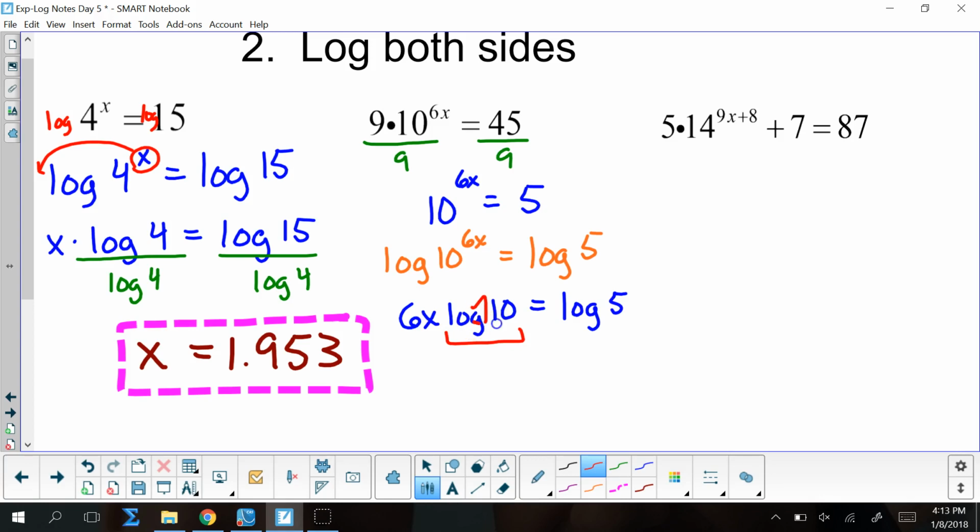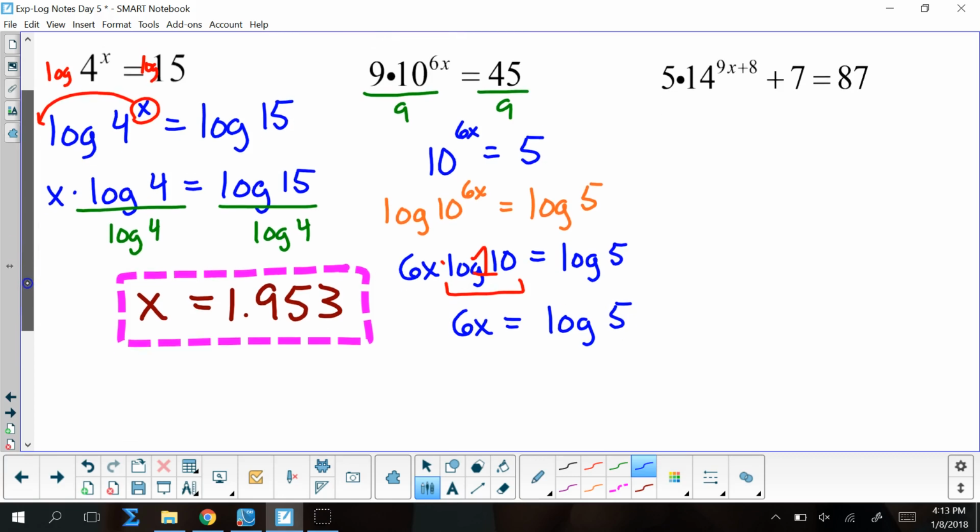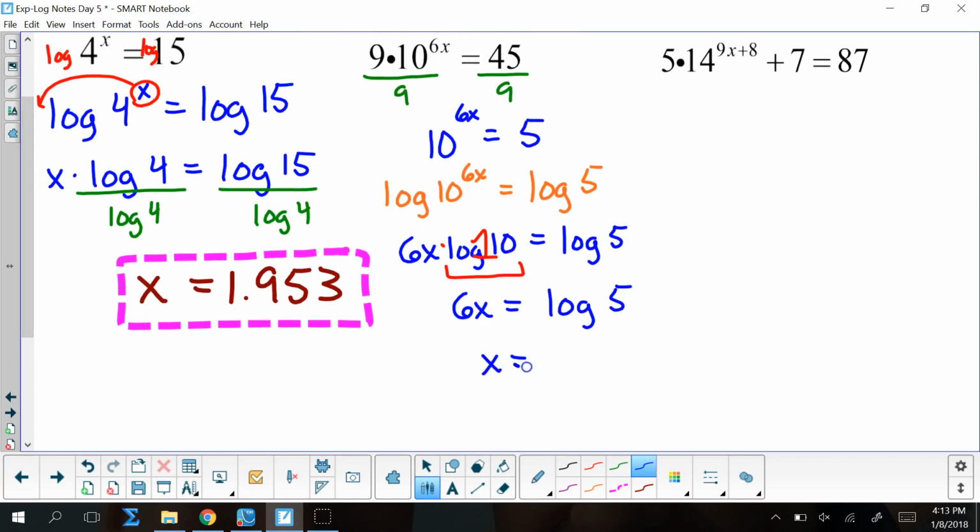Well, that is 1. So this is 6x times 1, which is just 6x, equals the log of 5. So then x here would be equal to the log of 5 divided by 6.